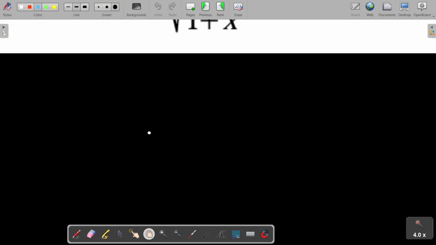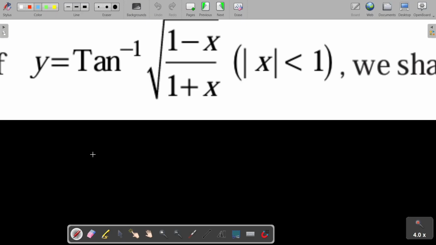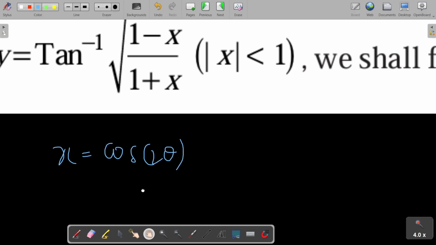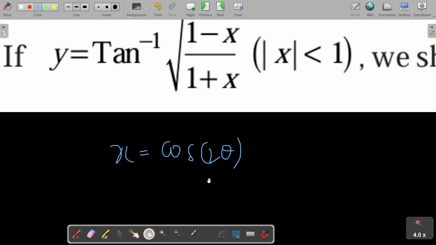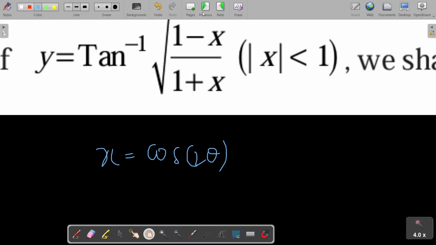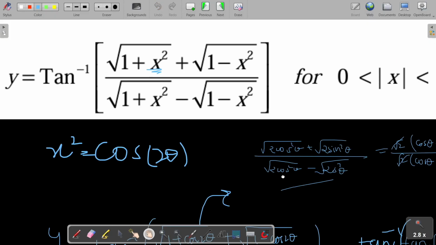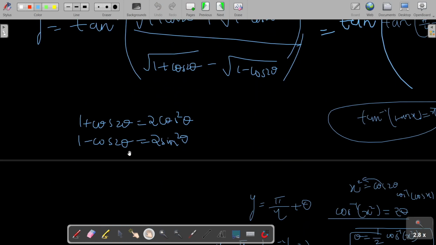Like we used in the previous question, I'm going to substitute x with cos 2 theta. You can use sine 2 theta also, but it is not as simple a formula as this one.